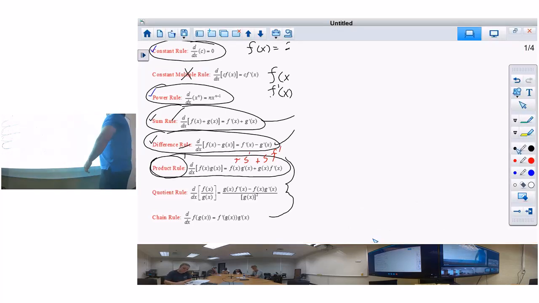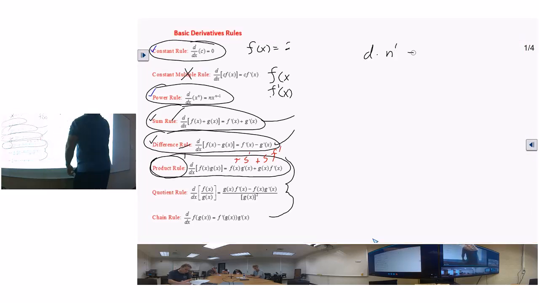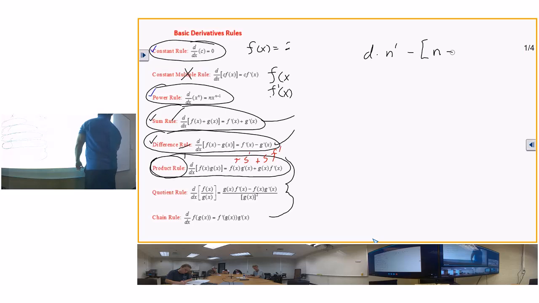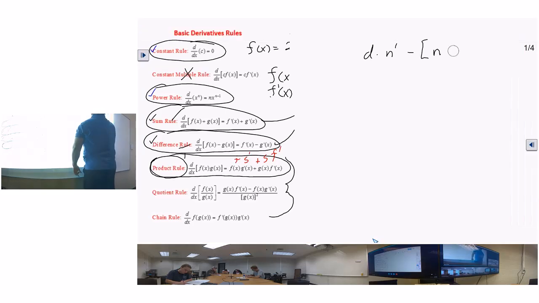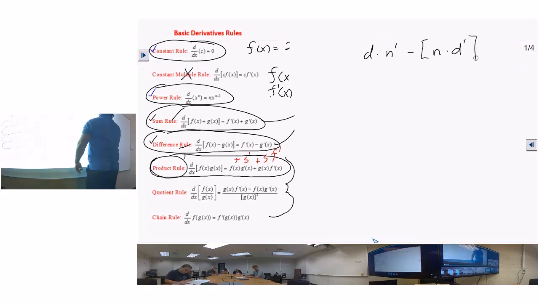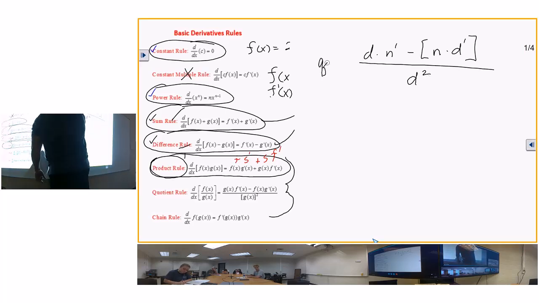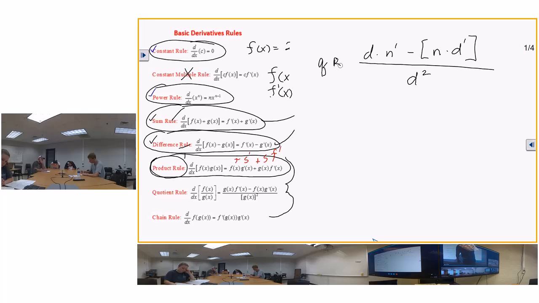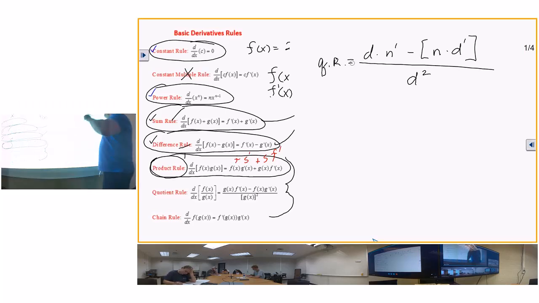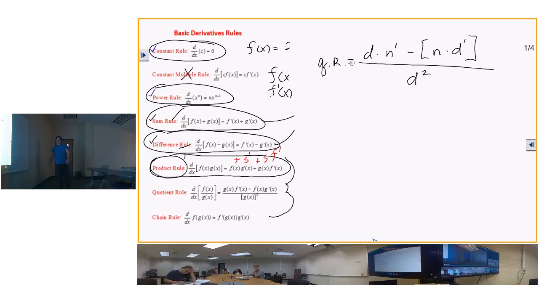Hubie's quotient rule is denominator times numerator prime minus the numerator times the denominator prime, over denominator squared. And that is our quotient rule: denominator times the numerator prime minus the numerator times the denominator prime over the denominator squared.